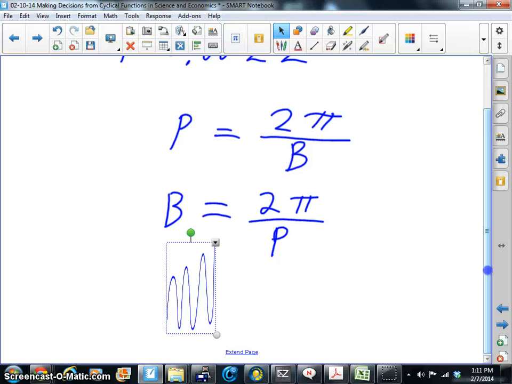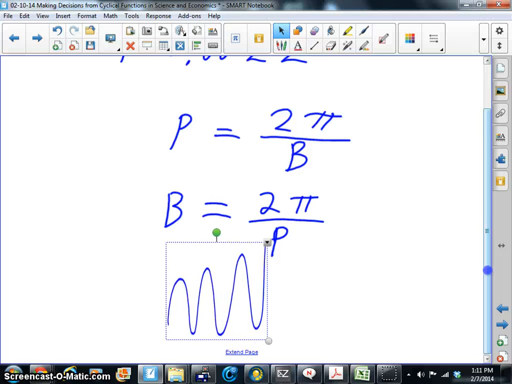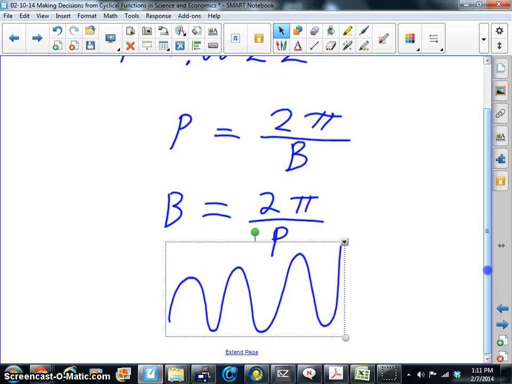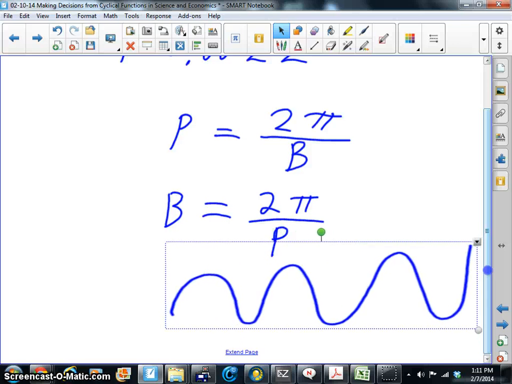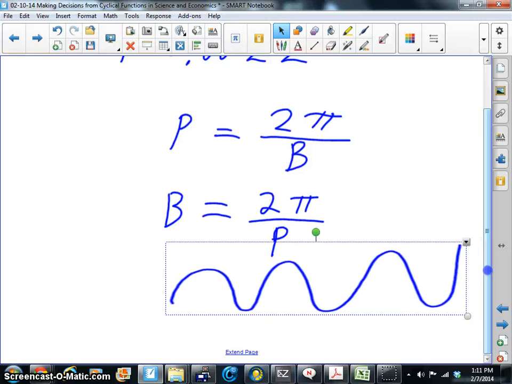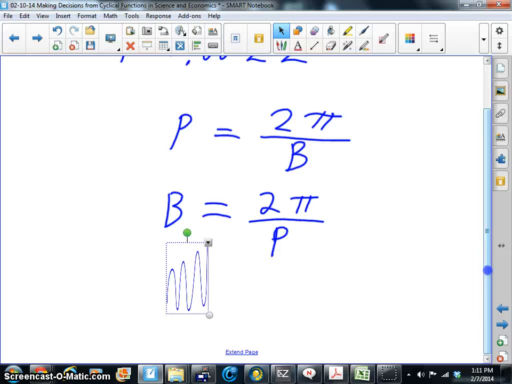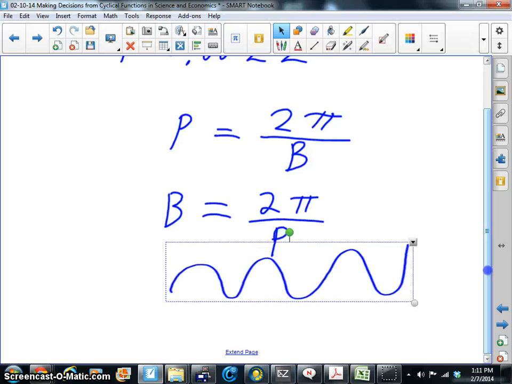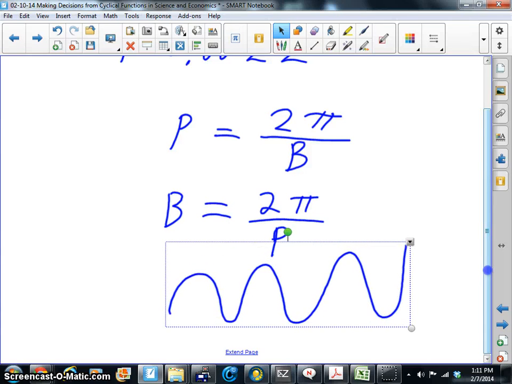This is called a horizontal compression. So the bigger B is, the more compressed it becomes. The smaller B is, the more it will stretch out the other way. This is a horizontal stretch. A does much of the same thing, except in a different direction.